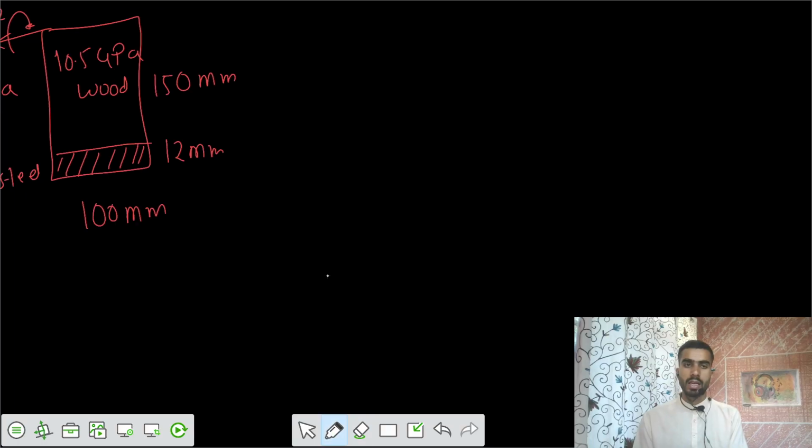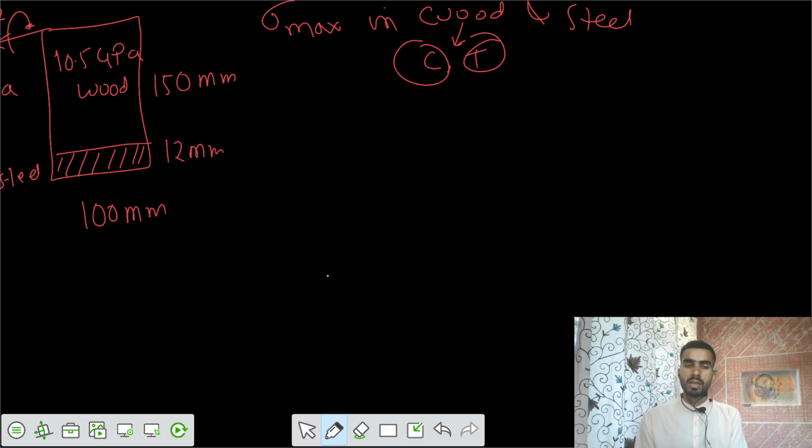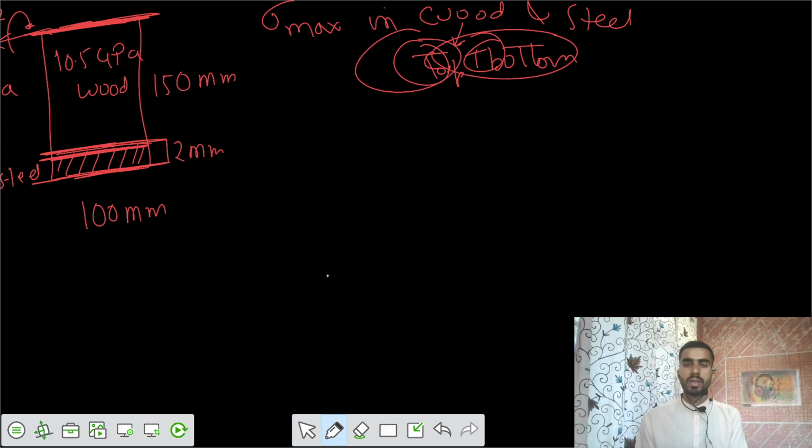So you need to say the maximum stresses in the wood and steel, for both sides, the maximum compressive stress and maximum tensile stress. So you need to say what the stresses are in the wood on the top and on the bottom, and similarly what the stresses are in the steel at the top side and on the bottom side. So you need to say the stress on the top and bottom of the individual strips.